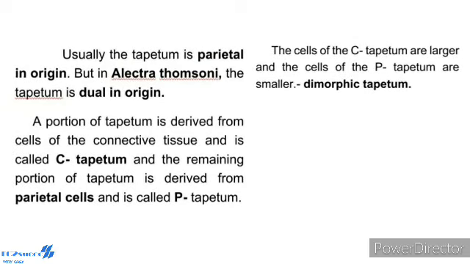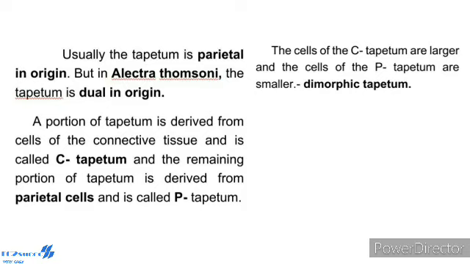Usually the tapetum is parietal in origin, but in Eletherococcus thompsonii, the tapetum is dual in origin. A portion of the tapetum is derived from cells of the connective tissue and is called the C tapetum, and the remaining portion of the tapetum is derived from the parietal cells and is called the P tapetum.